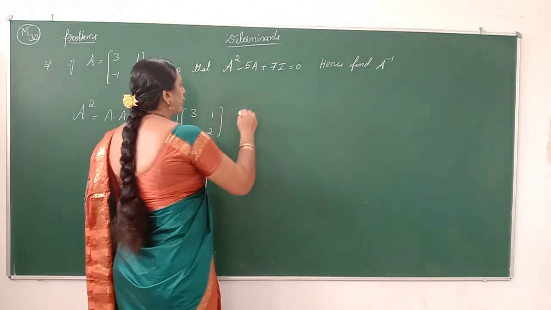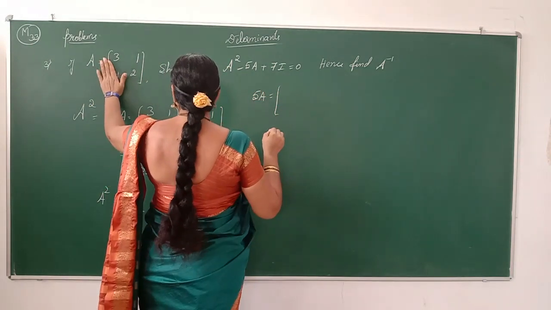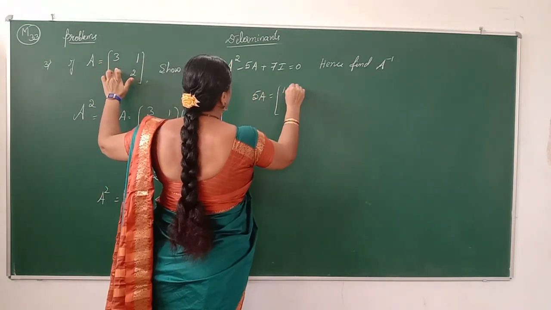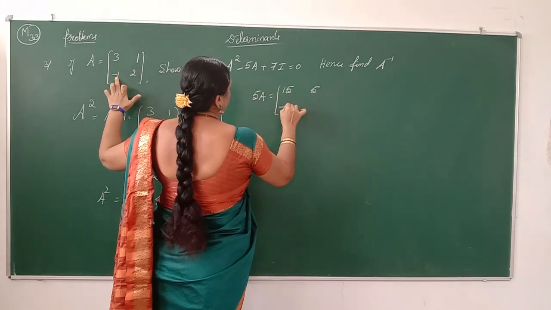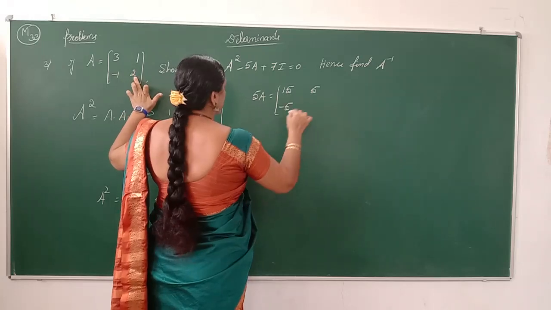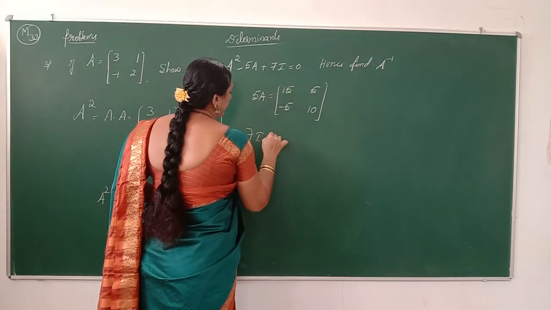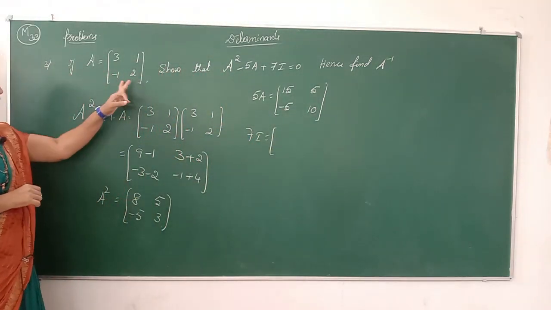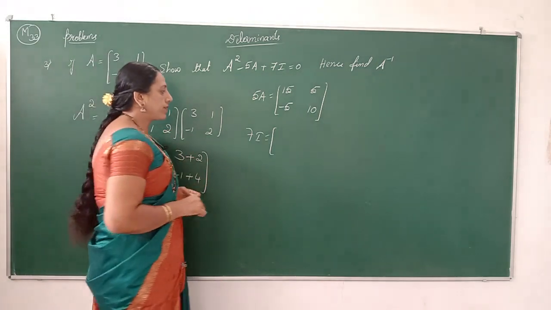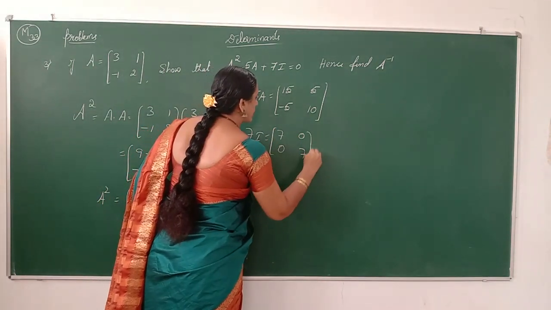Next with 5 into A, it means all the elements of A are multiplied by 5. 5 3s are 15, 5 1s are 5, 5 into minus 1 is minus 5, 5 2s are 10, and 7 into I, where I is an identity matrix of order 2 cross 2. After 7 is multiplied, that is 7 0 0 7.